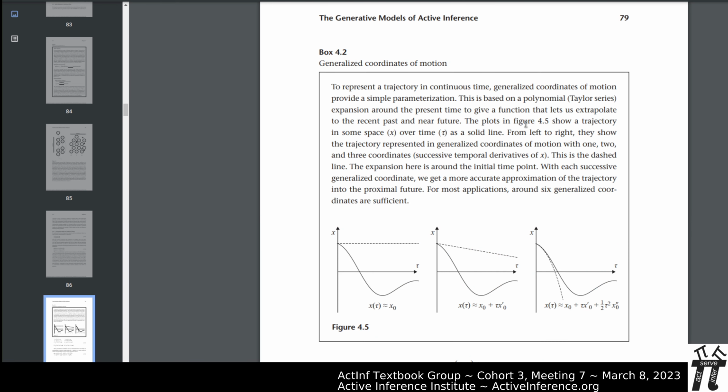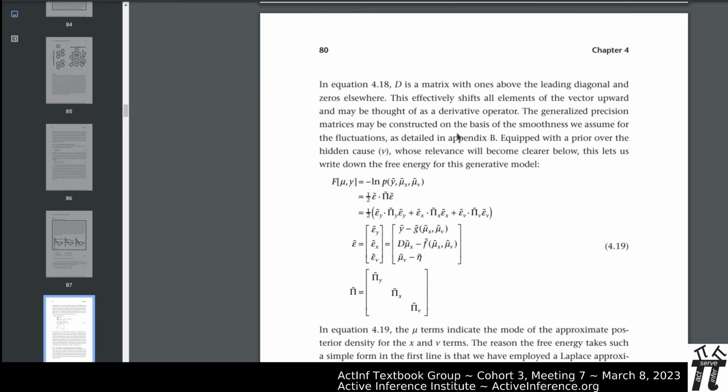Continuous time models. Generalized coordinates of motion comes up a lot. Instead of just representing the location in GPS of the car, it's location and all of its derivatives. So it's velocity, acceleration, and so on. That turns out to be really important for certain dynamical systems.